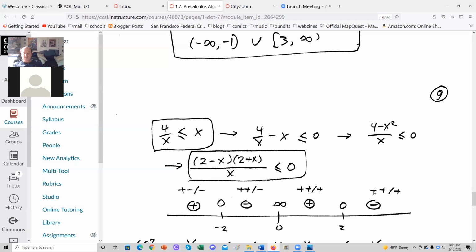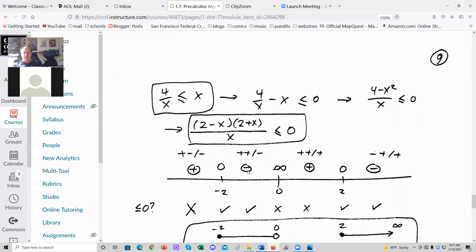So it's negative above 2. This is positive. This is positive. Negative times positive over positive is negative. As we cross through 2, this factor goes from negative to positive, so you get plus times plus over plus, which is plus. When you pass through 0, this goes to negative, so plus times plus over minus is minus. When we pass through −2, this factor goes to negative, so you get plus times minus over minus, which is plus.